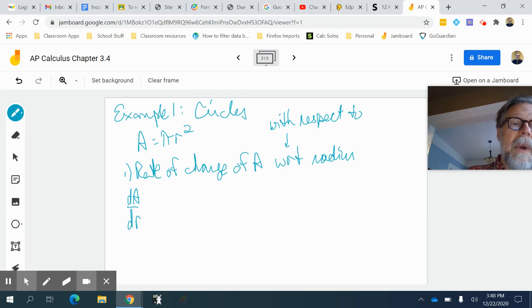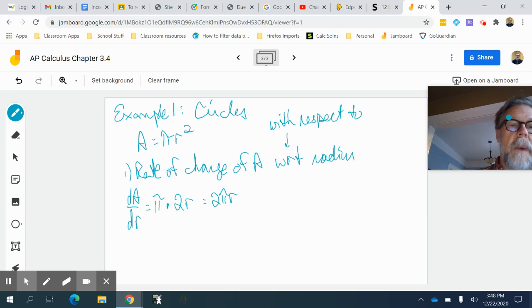And we could play around with the math a little bit. The constant rule says that we can just bring the pi part out. The power rule says that we can just take n times r to the n minus 1. So the rate of change of area with respect to radius is 2 pi r.